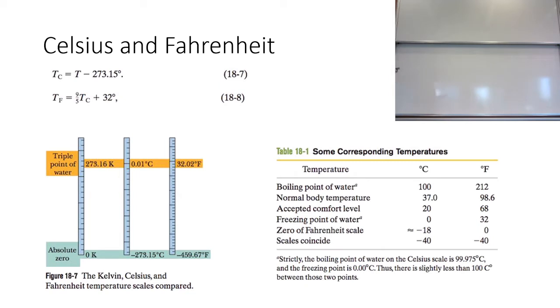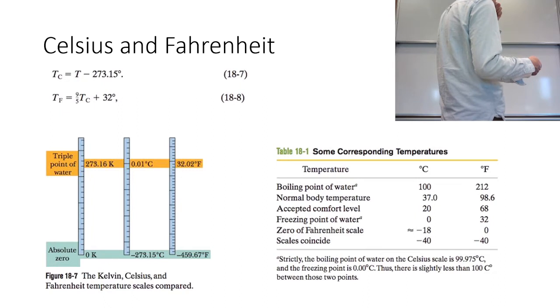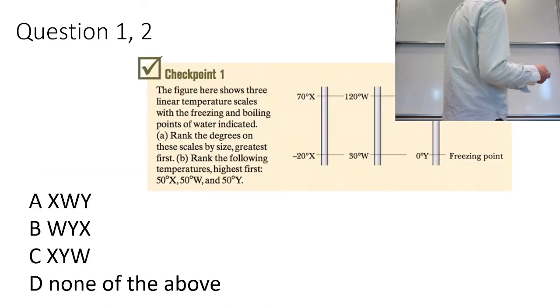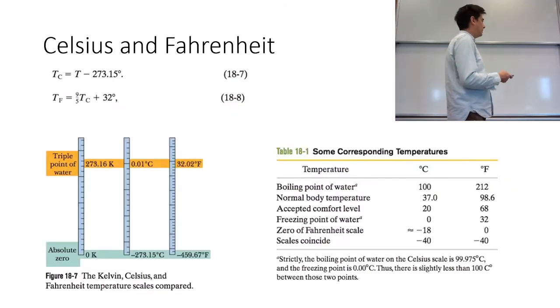there are various temperature scales, Celsius and Fahrenheit. But most of them are, well, I think all of them are linear scales. And so these are some real temperature scales.